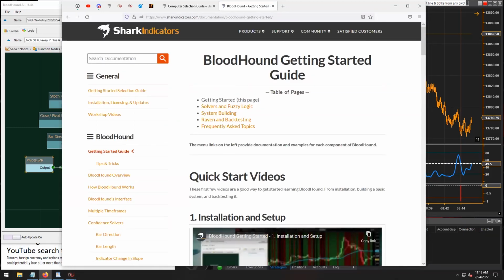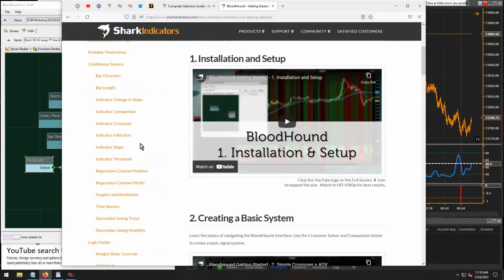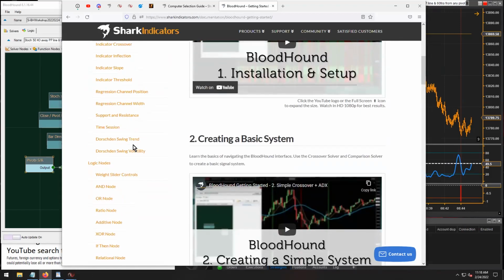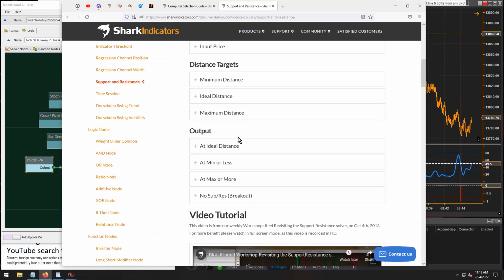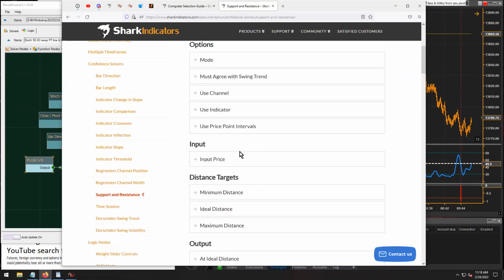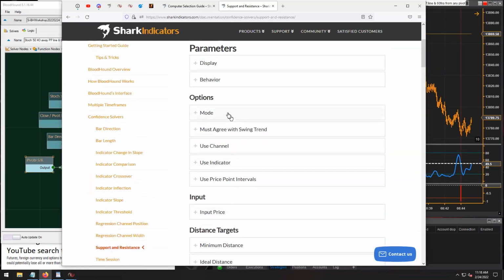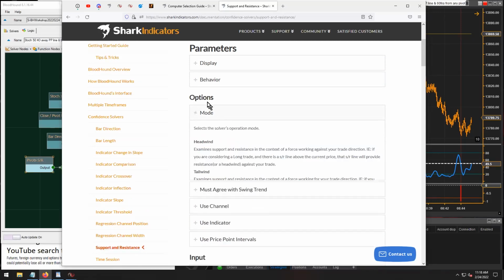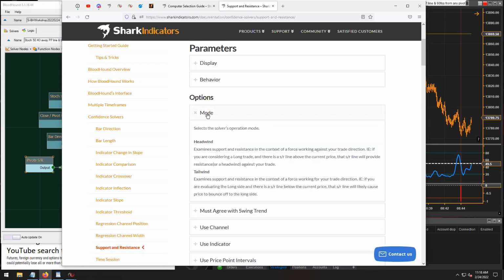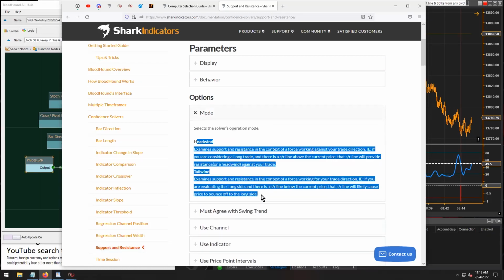On the BloodHound side menu here, scroll down, and under the solvers, there we go, support and resistance. Keep scrolling down. There is a written definition of what's going on here: under options and then mode, there's a written description.